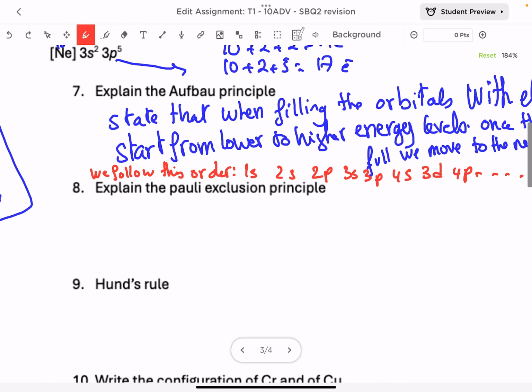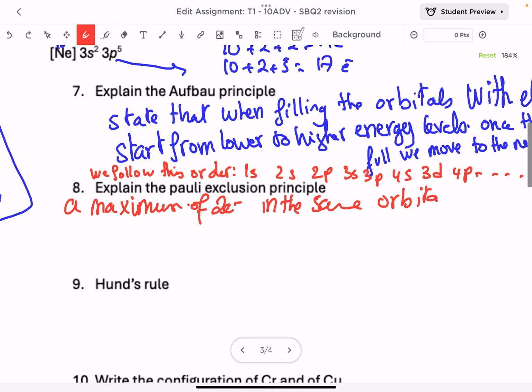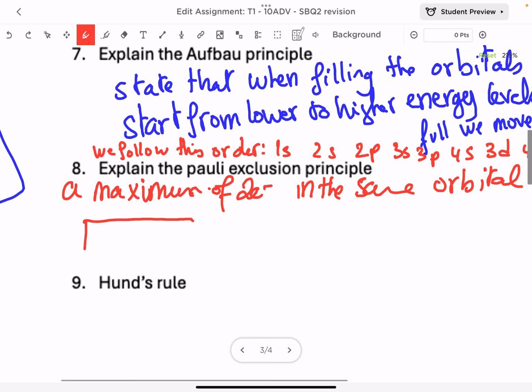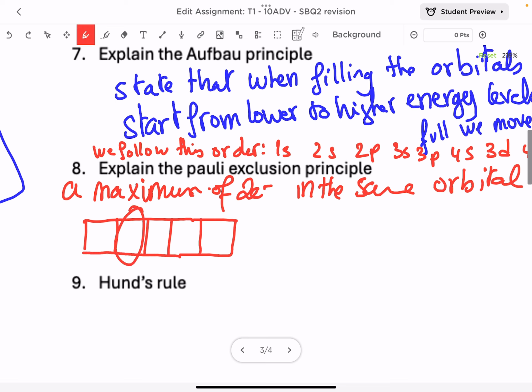Pauli exclusion principle. How do you explain the Pauli exclusion principle? The Pauli exclusion principle states that you cannot put more than 2 electrons in one orbital. A maximum of 2 electrons in the same orbital. And I will just mention this. If I have P or D, let's say I have D. Okay, the box is the orbital.